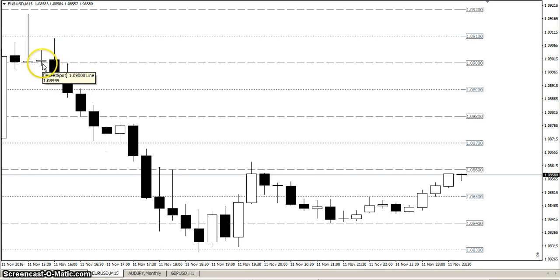And if you would have taken that short right there, a little more heat, but this once again, there's that run. And here we go on the short side. It came down, closed below, crossed above. You could have gone long here. Maybe you took some heat, but you could have gotten out with profit.